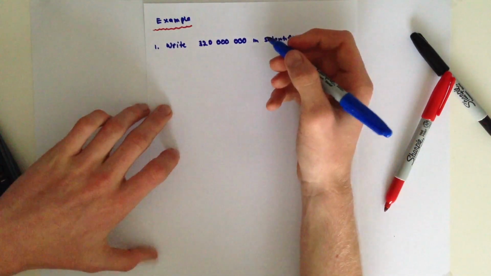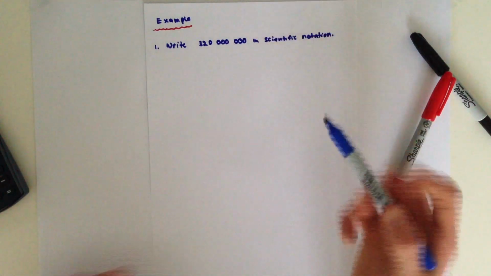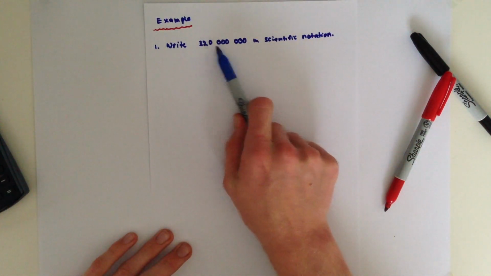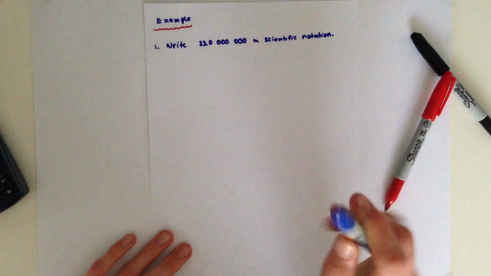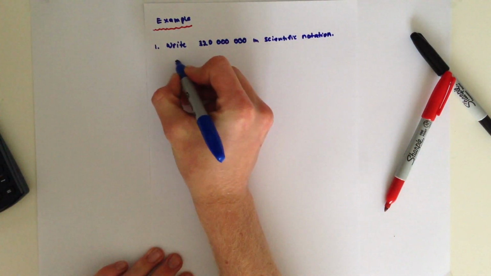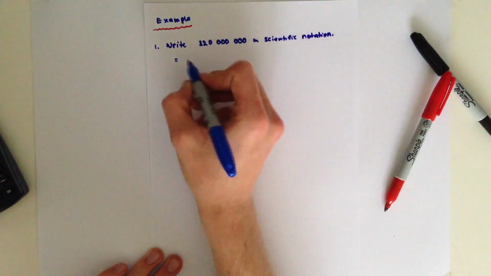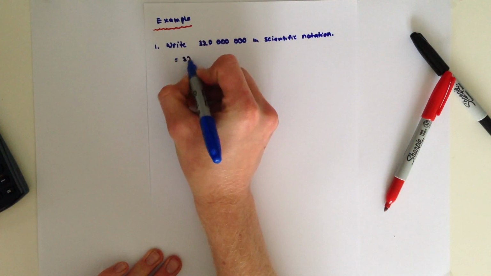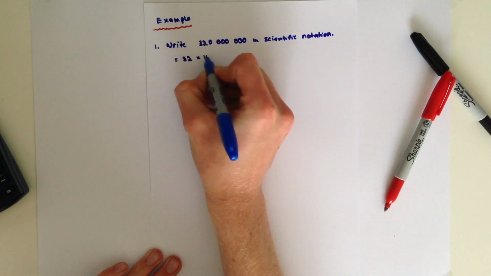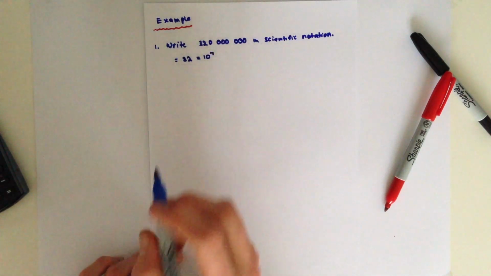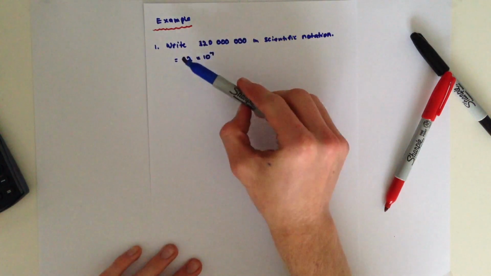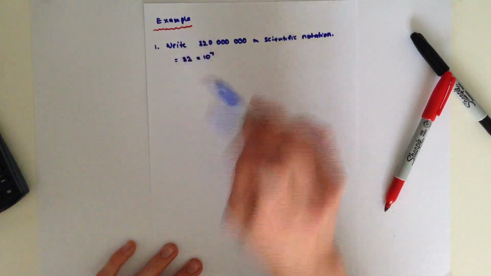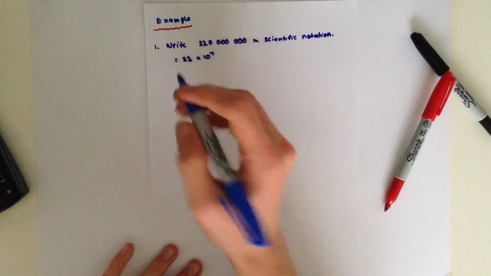Well, you can see here that we have 1, 2, 3, 4, 5, 6, 7 zeros. So that would be the equivalent of writing 32 times 10 to the power of 7. But in scientific notation, we always want just one figure before the decimal, so we want just 3.